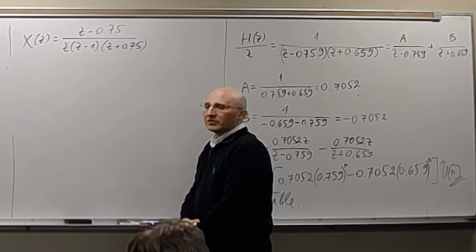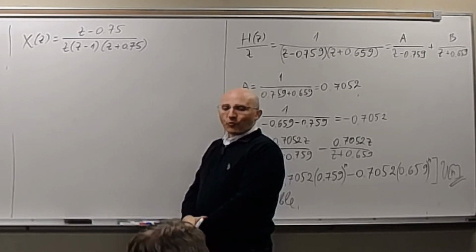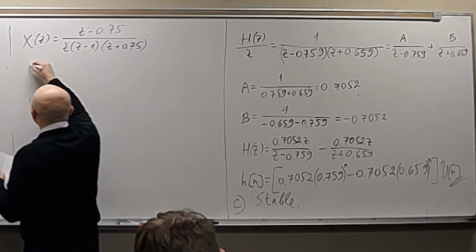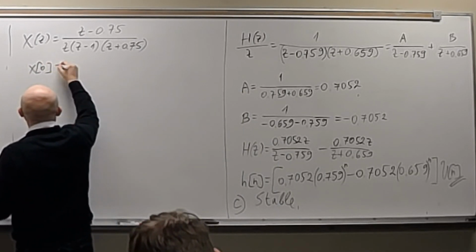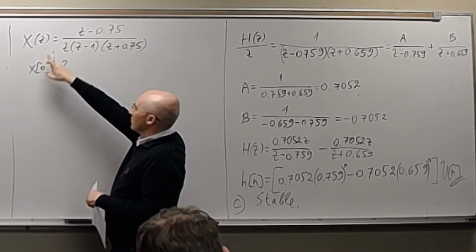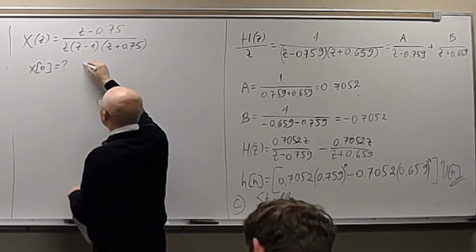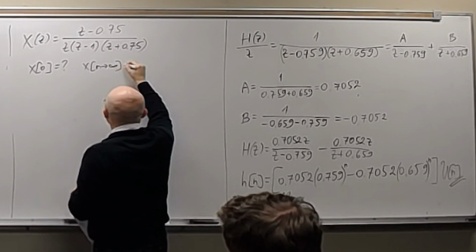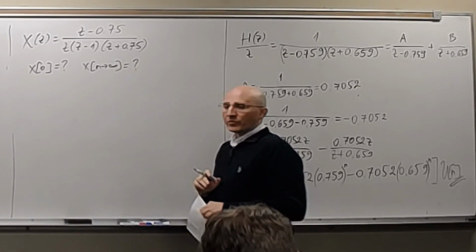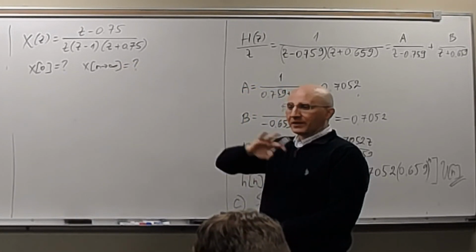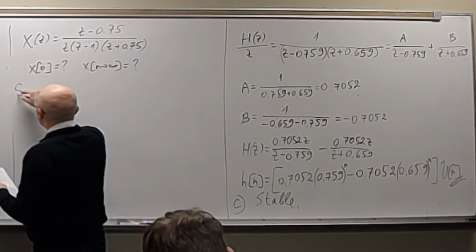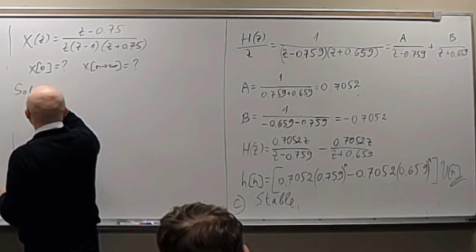Some complicated signal transform. You want to find x of 0, 0 in time, not in z, and x when n goes to infinity, which is the final value, like when it converges. And for that you have very simple theorems.